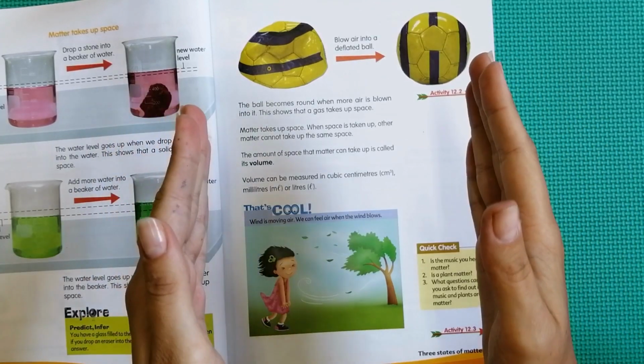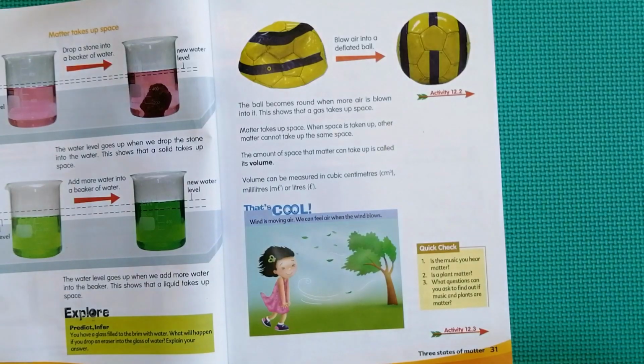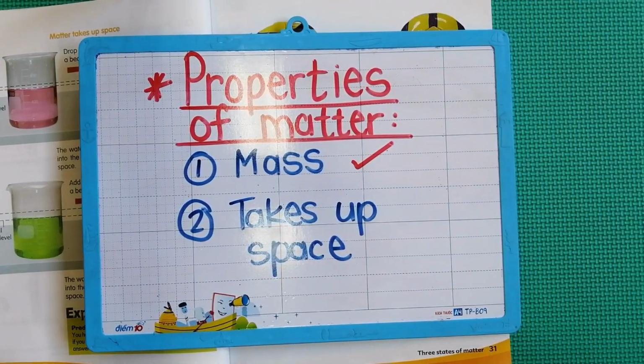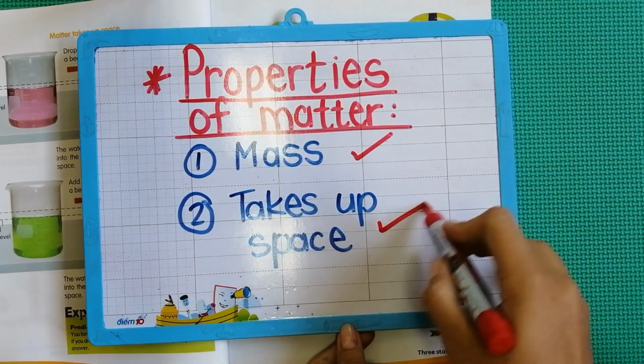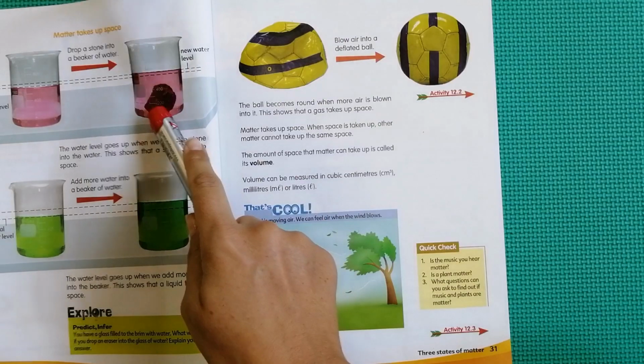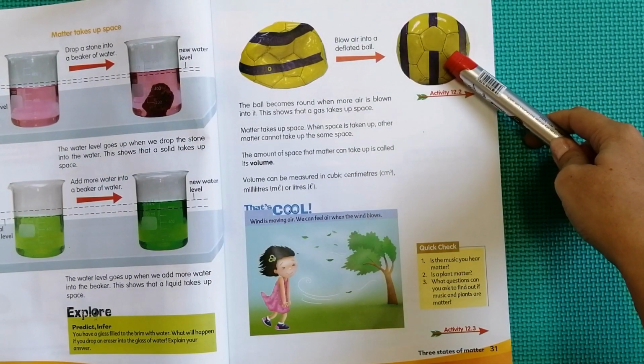That shows you that the air inside of this ball takes up space. So with all those examples, it has explained to us that all three states of matter take up space. A solid, a liquid, and gas.